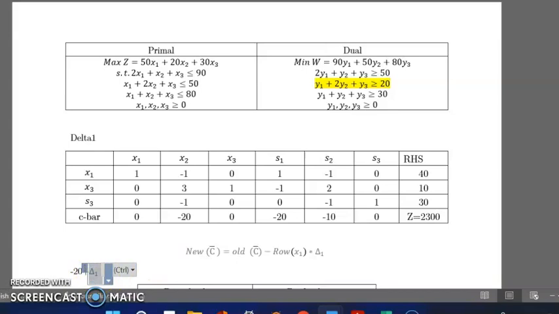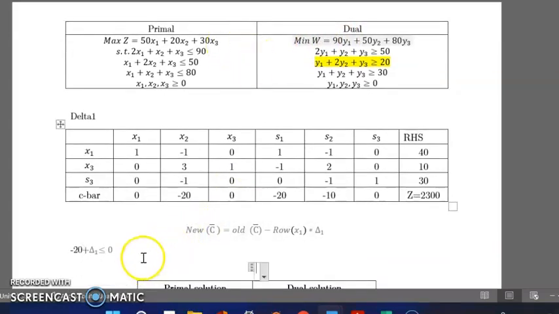This new value has to be less than or equal to 0 in order for the basis to remain optimal.